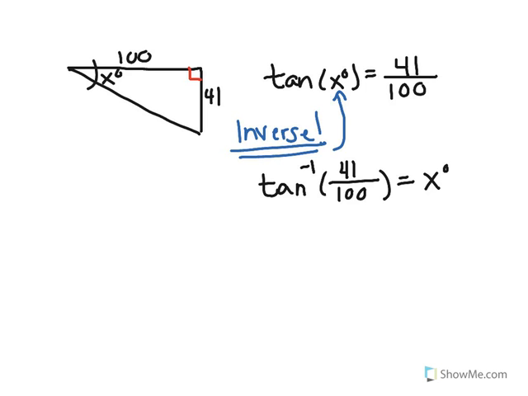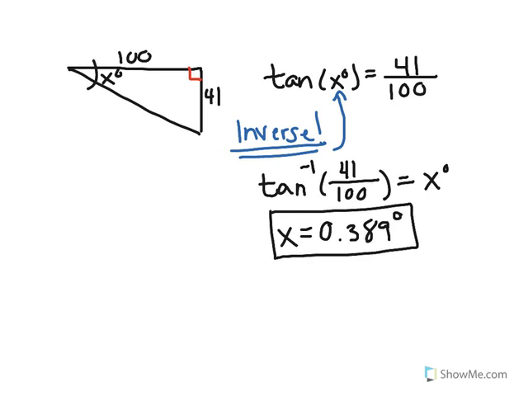I press enter, and it tells me that x is equal to 0.389 degrees. It's a super tiny degree measure, but that is how you do that. So inverse allows us to solve for the missing degree measure if we know the opposite side and the adjacent side using tangent. And that concludes this tutorial.